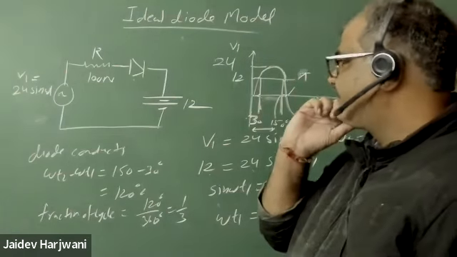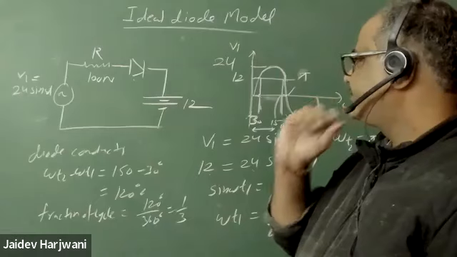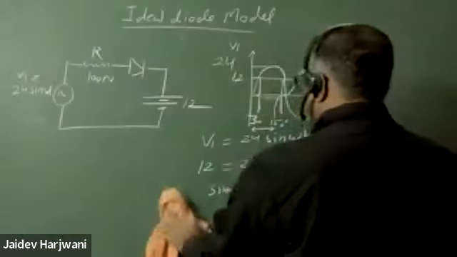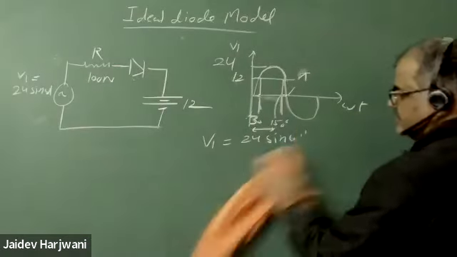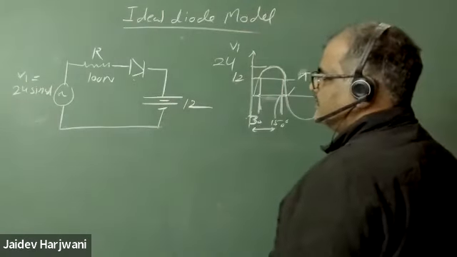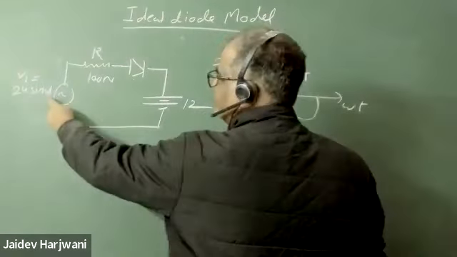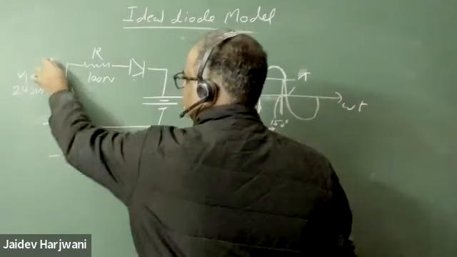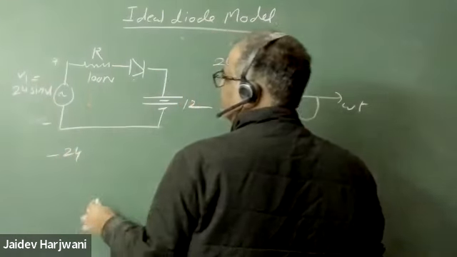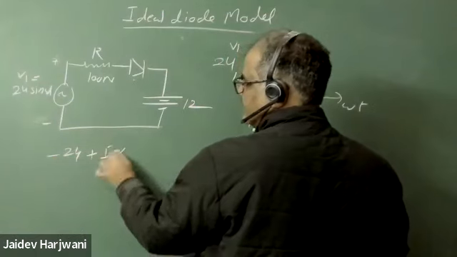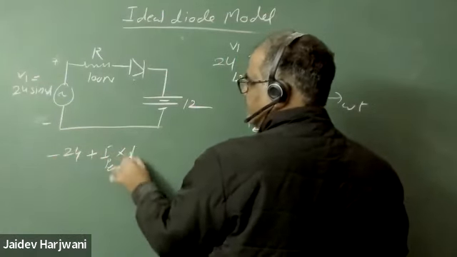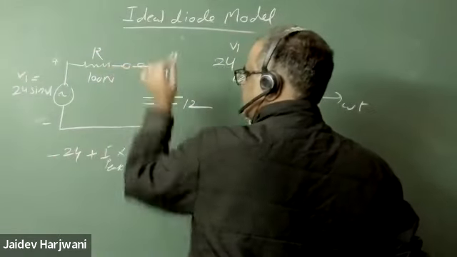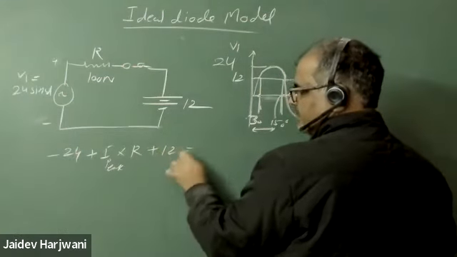Second part: what are they asking? The peak value of diode current. The resistance is given. Say the peak value of the input is 24. In the positive cycle, when the diode is conducting, it becomes a short circuit and you have plus 12.